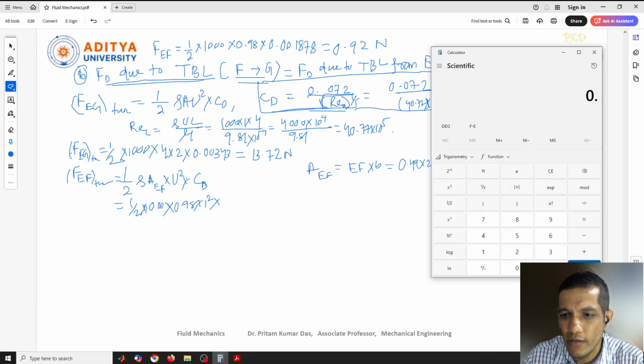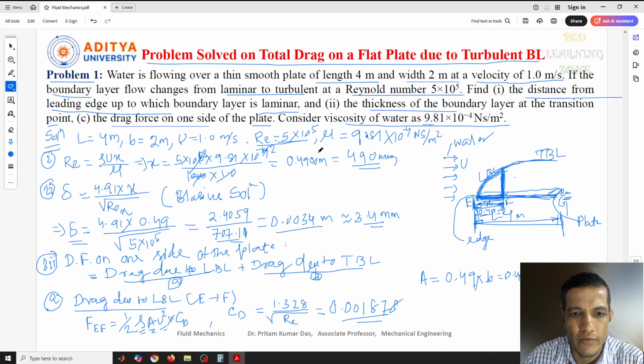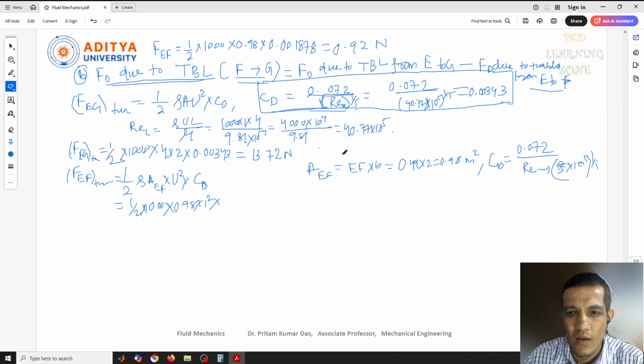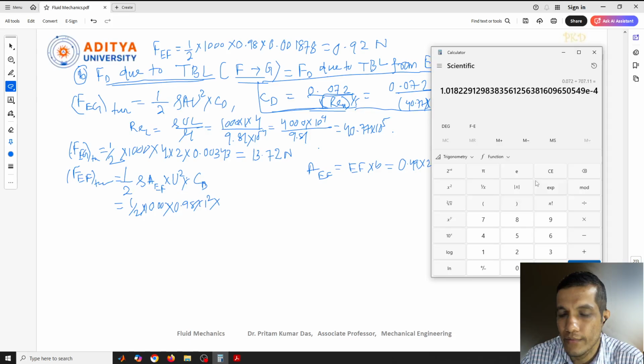This is 0.072 divided by 707.11. 707 was there, let's see previously, yeah, 707.11 is there. Now this one 0.072. Okay, this is not root over, that is to the power 1 by 5, sorry.